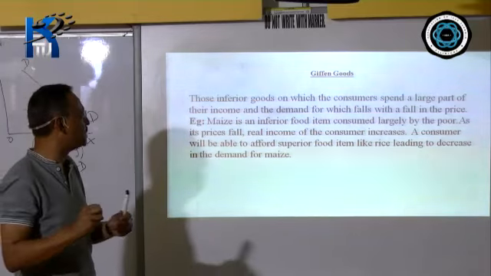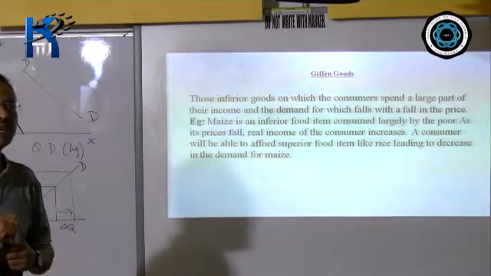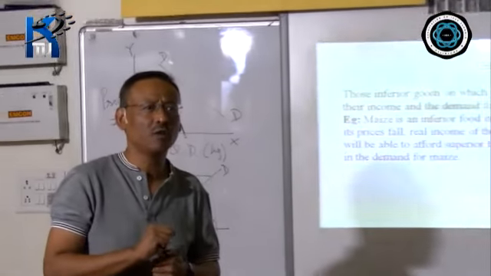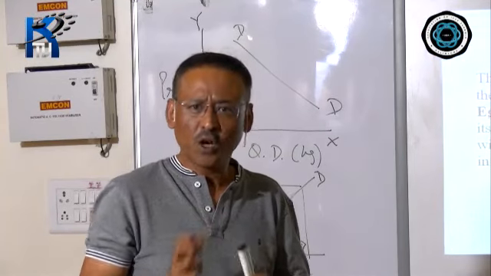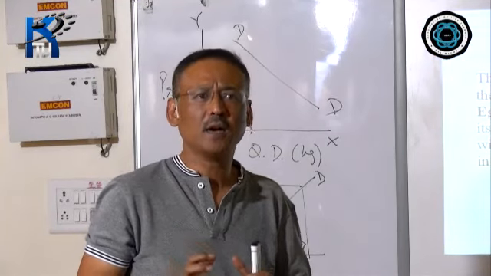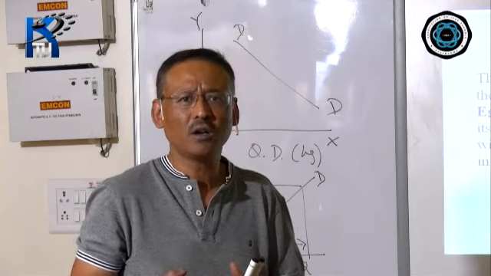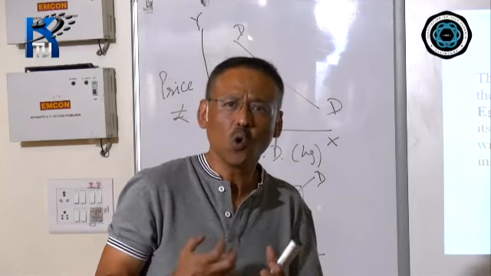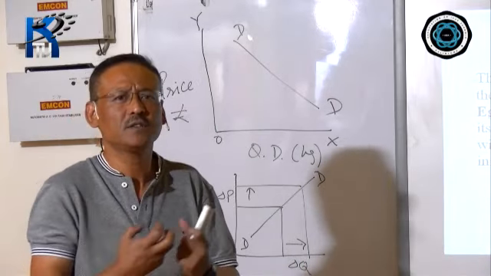Giffen goods are inferior goods where, for example, you take low quality rice. The poorer section of the people spend most of their income, most of their salary, on food, low quality rice. So your major expense from your income is rice.